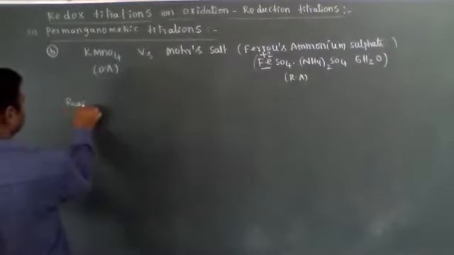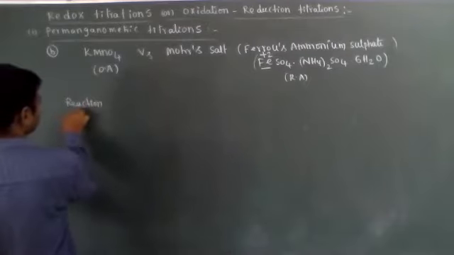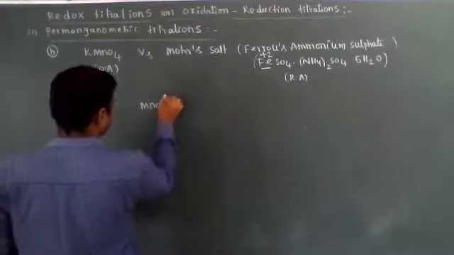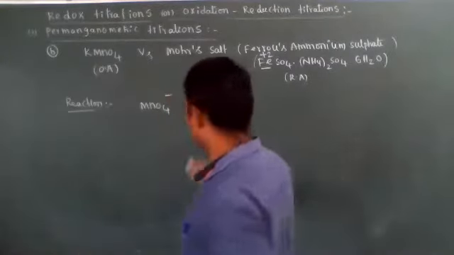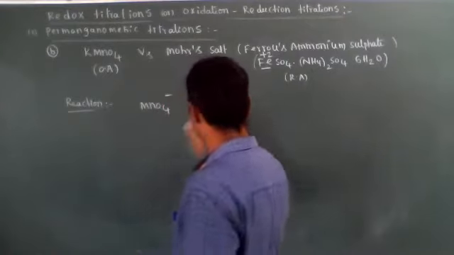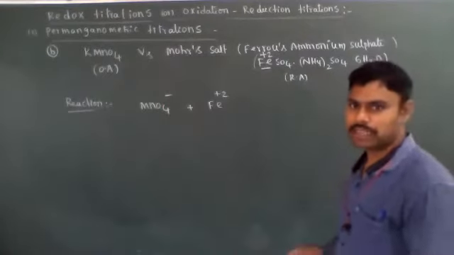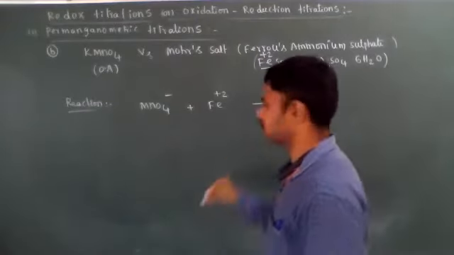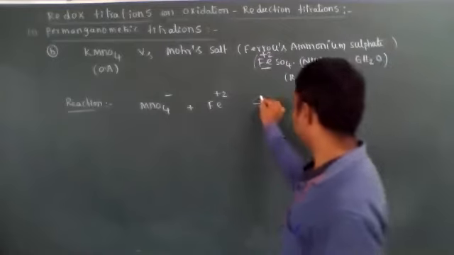See the reaction. MnO4 minus reacts with Morse salt. In the Morse salt, the active part Fe+2 is converted into Fe+3. It is a reducing agent, ferrous sulfate in acidic medium.